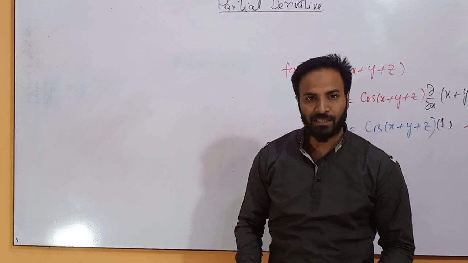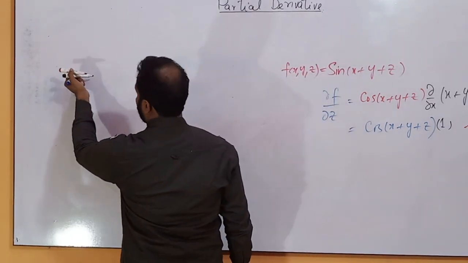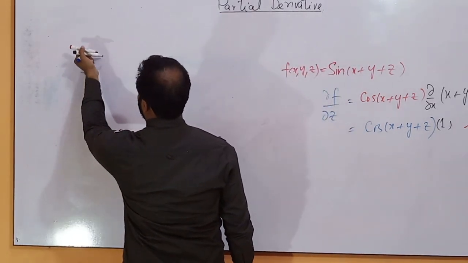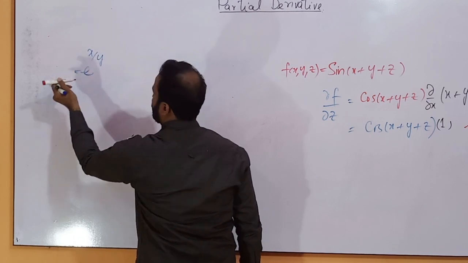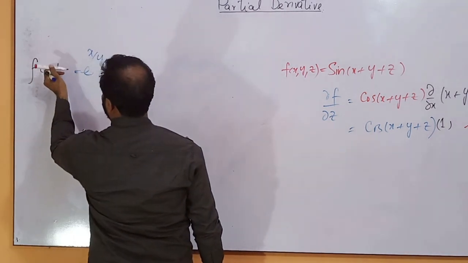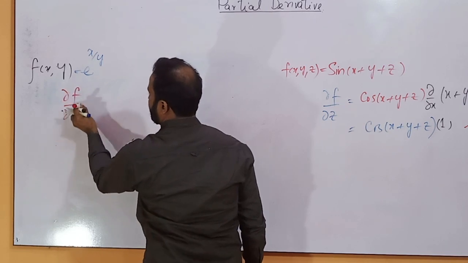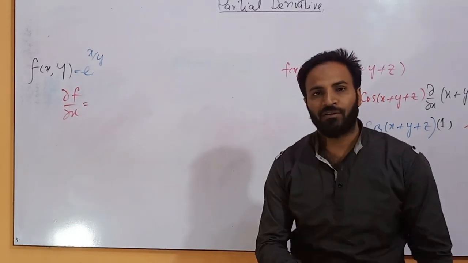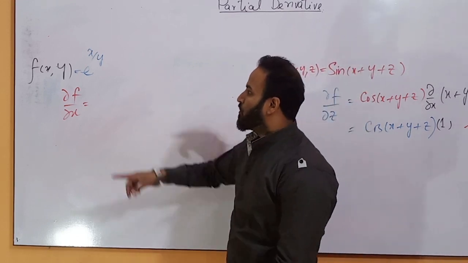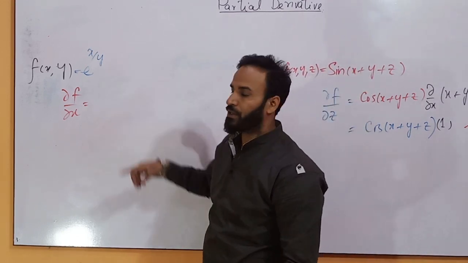Now I am going to take the exponential function e to the power x over y, which is equal to f of x, y. I want to find the derivative with respect to x. When you want to find the derivative with respect to x, it means y behaves as a constant quantity.